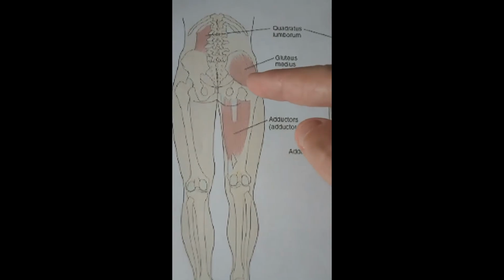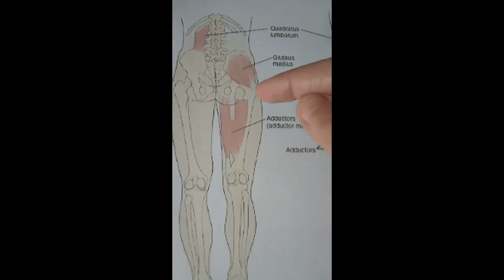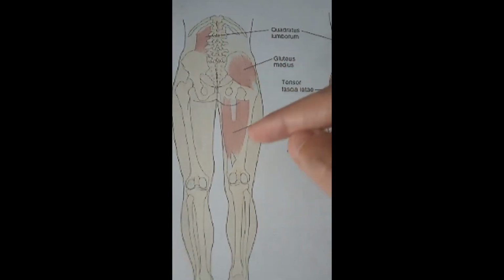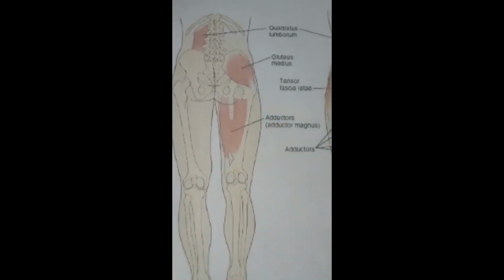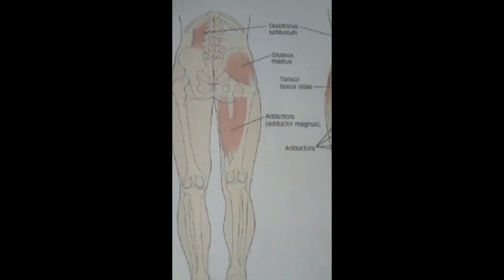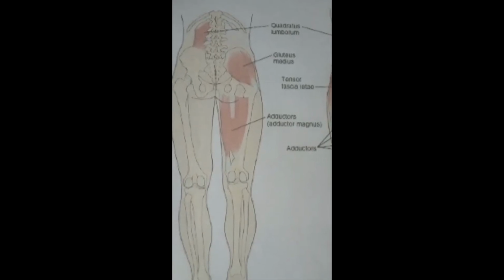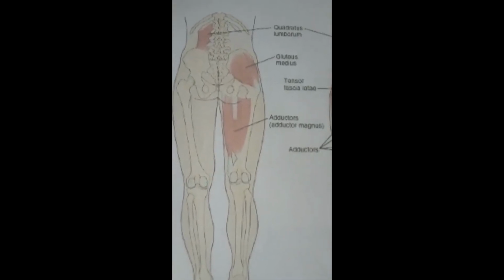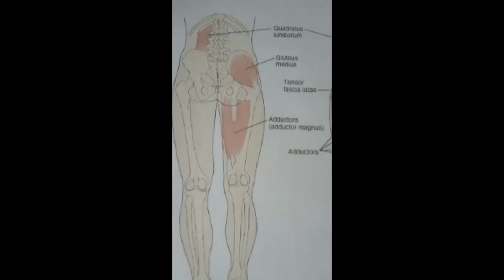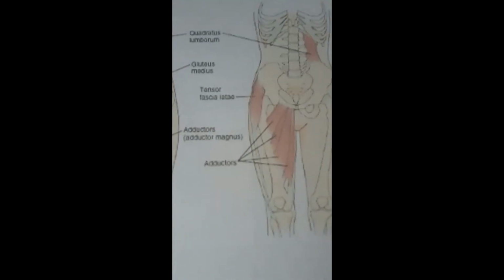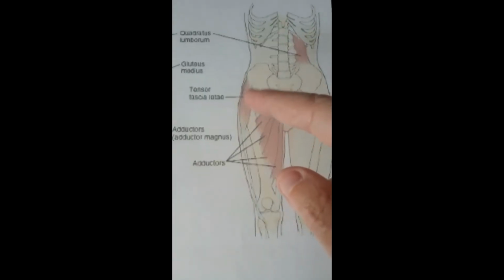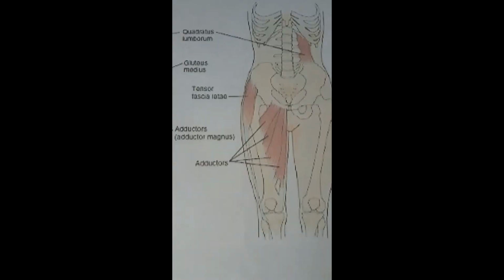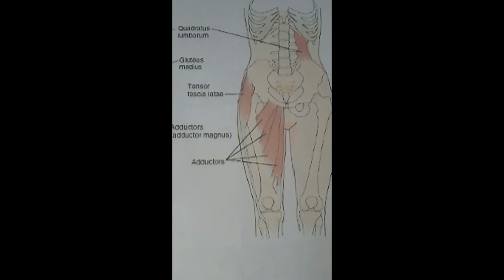But also the gluteus medius and the adductor muscles on the inner thigh, if these muscles tighten, they're going to cause a pull again on the pelvis. Also, the tensor fasciae latae on the outer hip will have an effect.